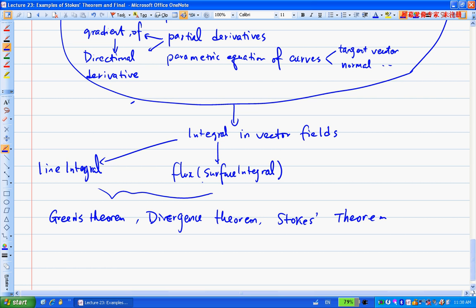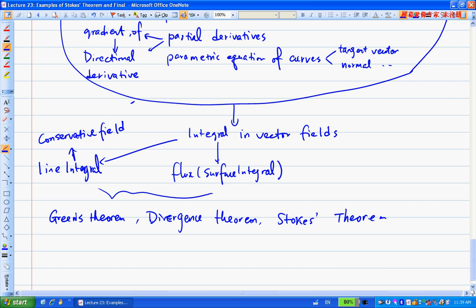That's basically related to this line integral here. So the arrow probably should be drawn up here. So conservative field, line integral in a conservative field.